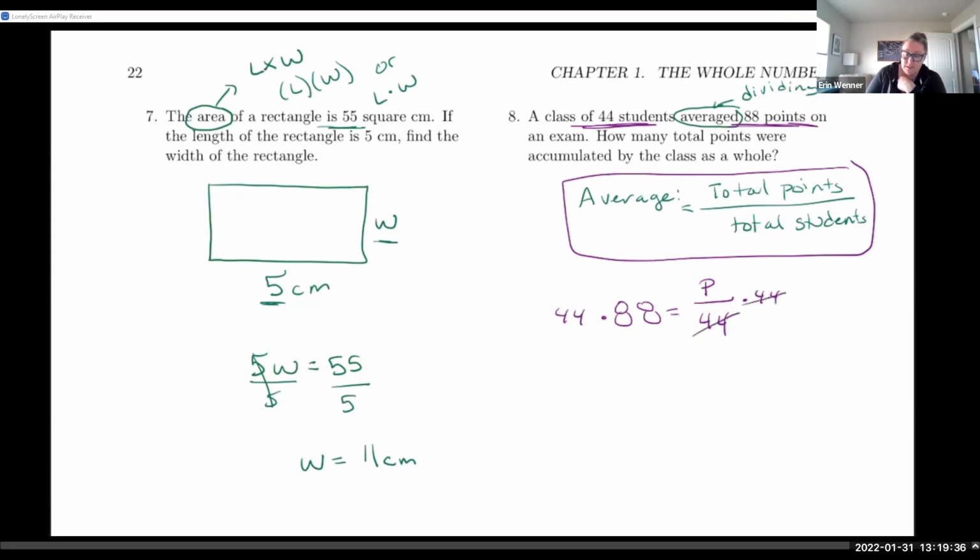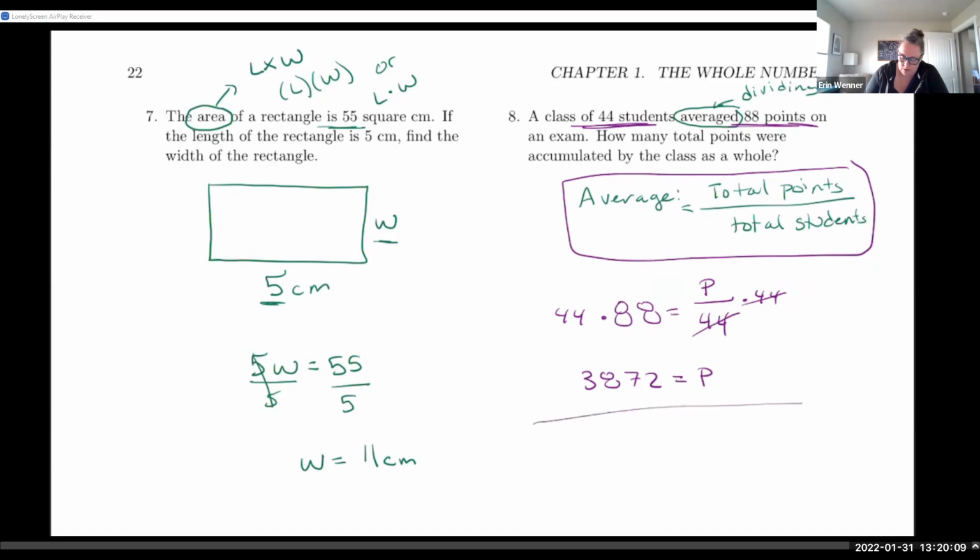This causes the division by 44 to cancel, and I get 44 times 88, which is 3,872 points. As you're doing these, there are relationships you need to know. This one, average equals total points over total students, is one you want to write down. Then when you're looking at the problem, you plug in the pieces that match that.